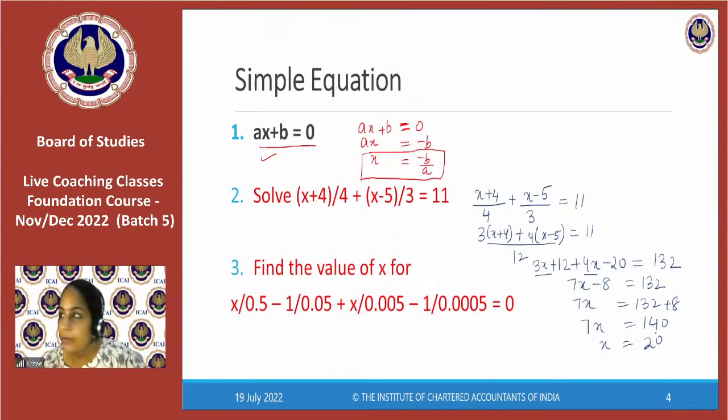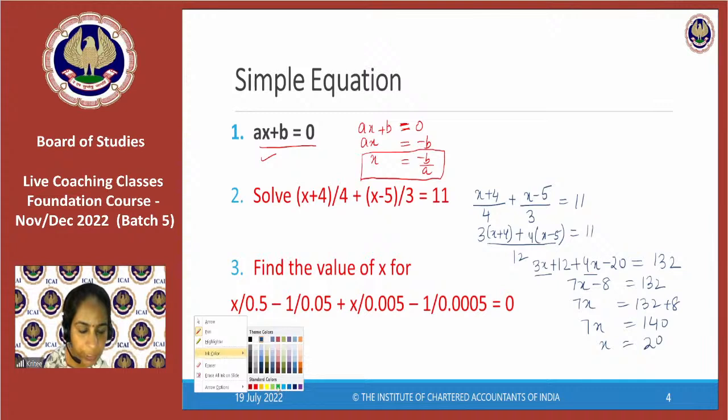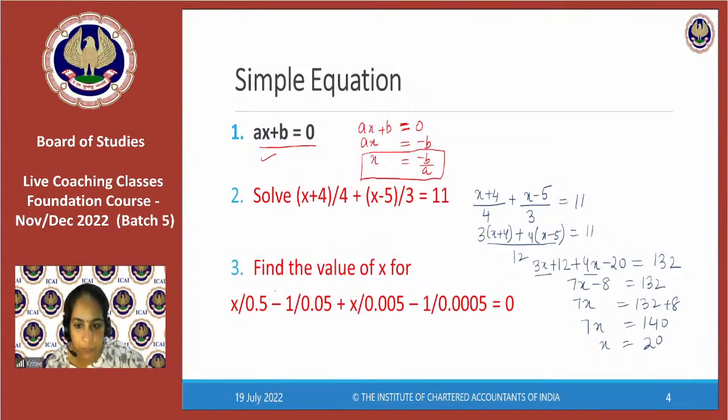For the second one, I have already started getting answers, but we can still work upon the others. So find the value of x for this equation. First, we learn to solve, and then I'll tell you the other part of the trick.